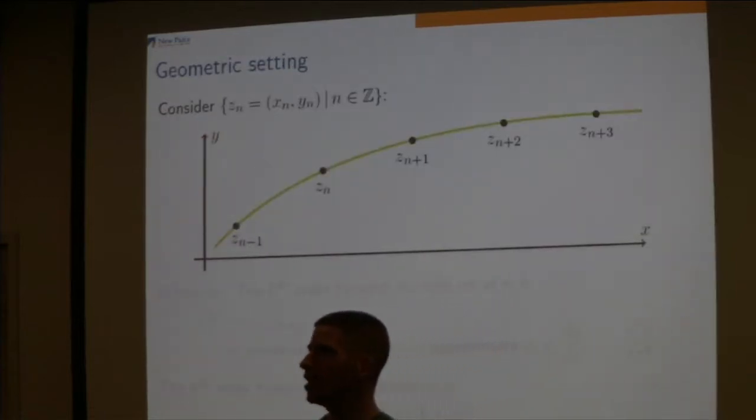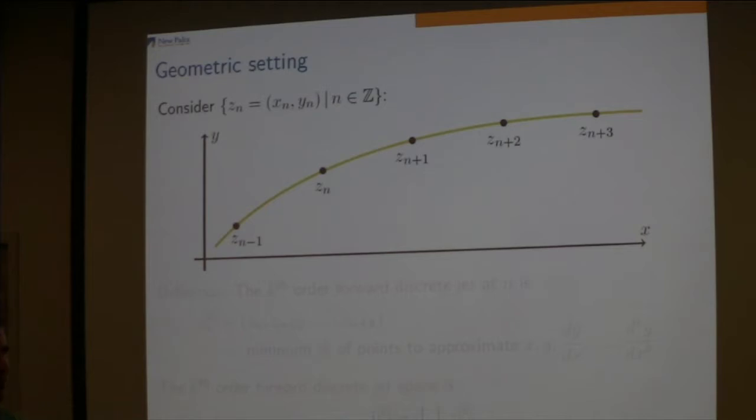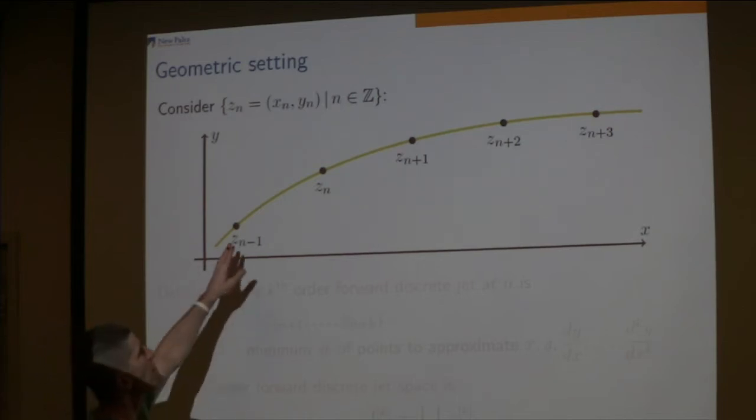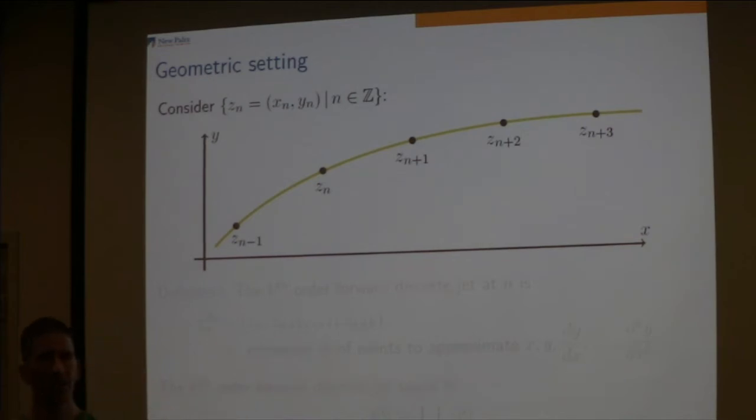And so to make the talk as simple as possible, I'll restrict myself to the simplest case possible. Instead of looking at ODEs, where the solution is a curve in the plane, we will not look at curves anymore, but at points in the plane. We can think of taking a curve in the plane and sampling that curve at various points.